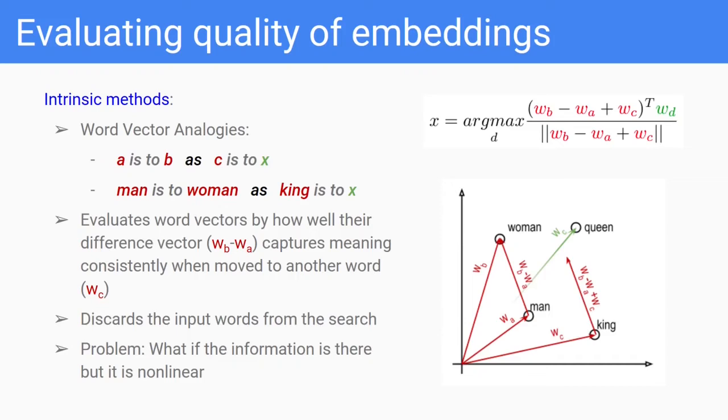The way you evaluate how well your embeddings are doing this is again with the argmax approach. You get your original A, B vectors, and you subtract one from the other. So computationally you have A, B, C. The difference of the two vectors is going to be this other vector, and then you move that vector to the other vector C, which is all this operation, WB minus WA plus WC. That's the vector that you are going to obtain.